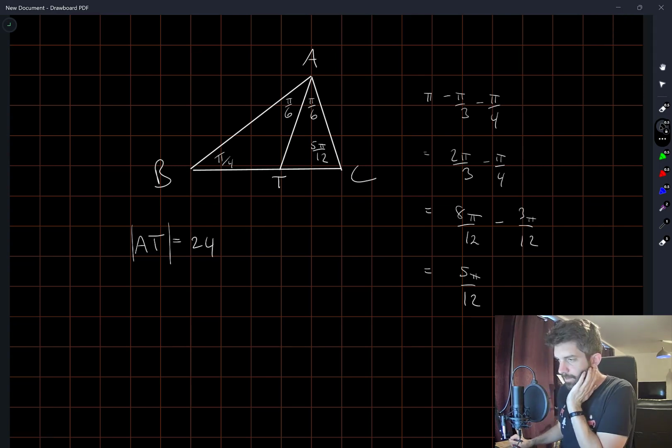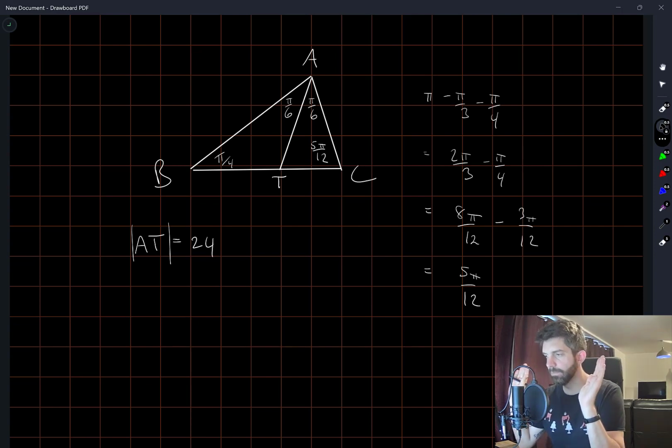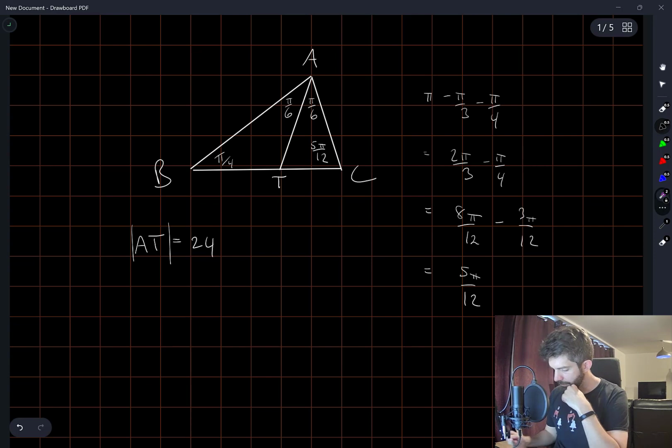The area. Okay, so we're given the area of ABC. Basically, we're not given the area. We're basically asked to compute the area of ABC. So of course, we can find what both of these angles are.